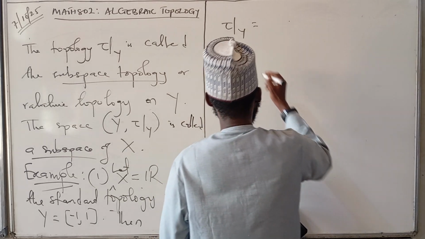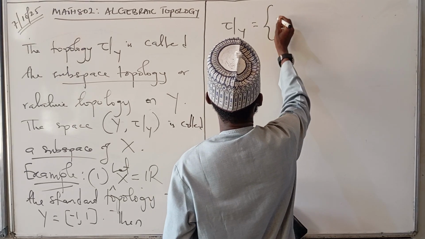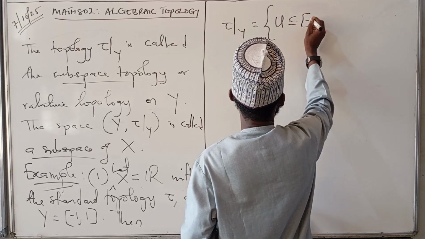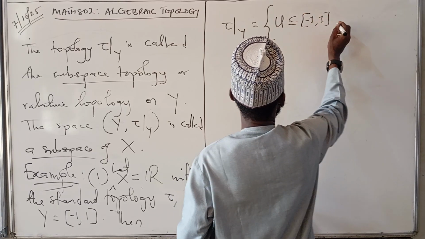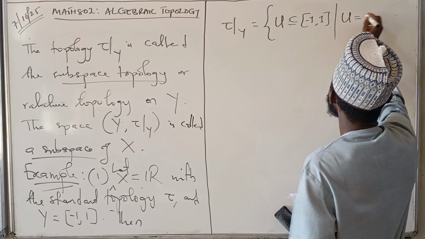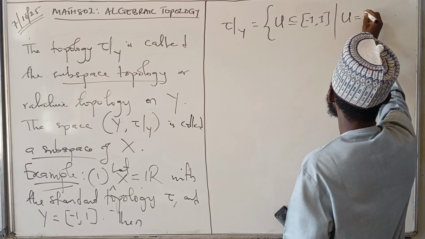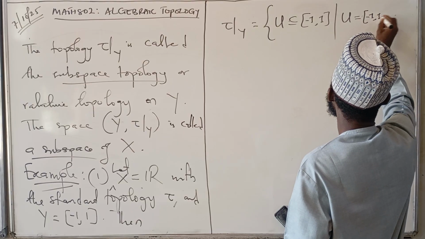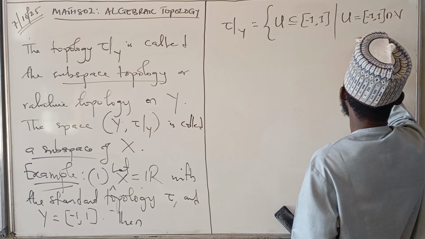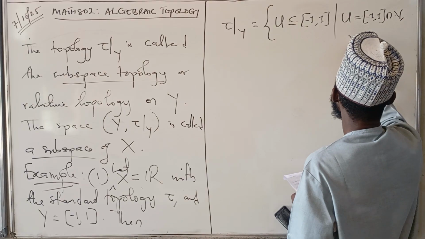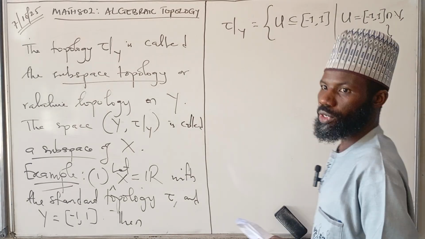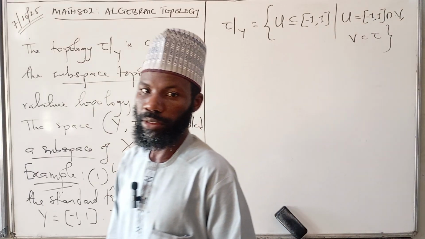Okay, so this will be all subsets U of this interval such that this subset is equal to the interval intersection V, where V is an open set in R. So it's a union of open intervals.